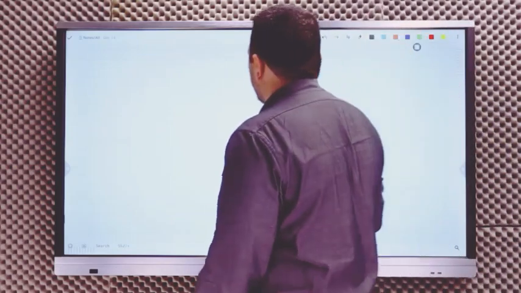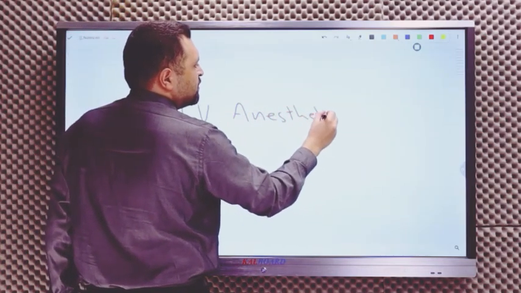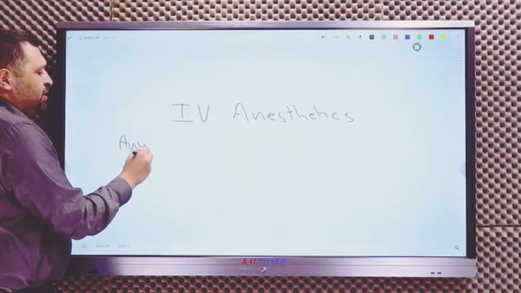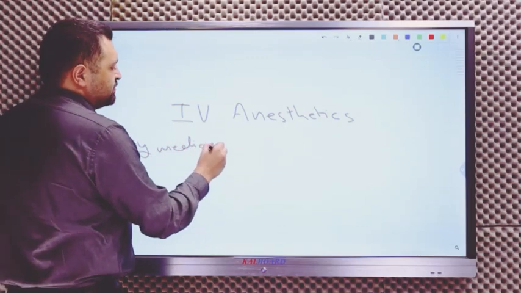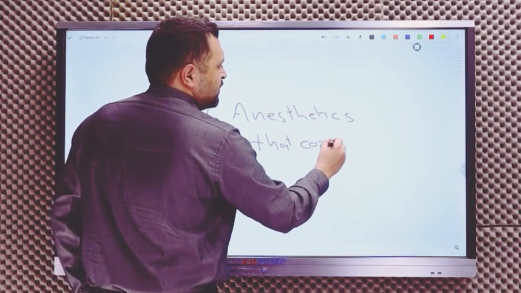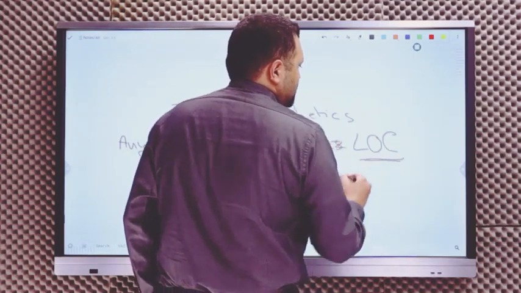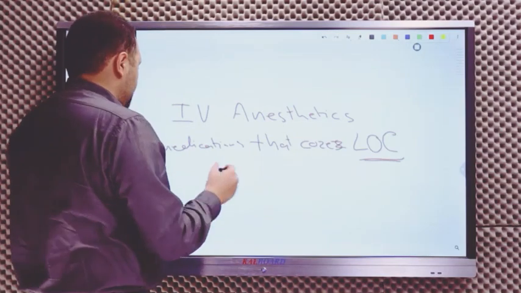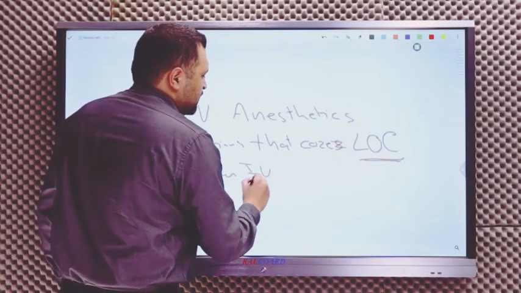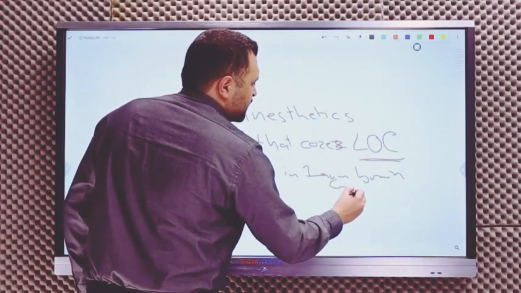So, here, if we want to define the IV anesthetics, they are any medications that cause loss of consciousness, I will use abbreviations for words, when given intravenously in one arm brain cycle.